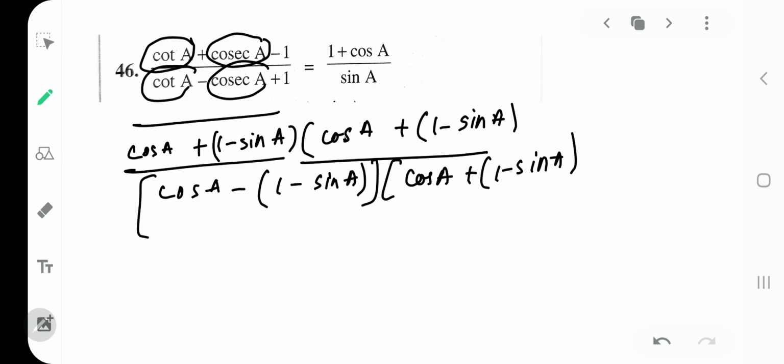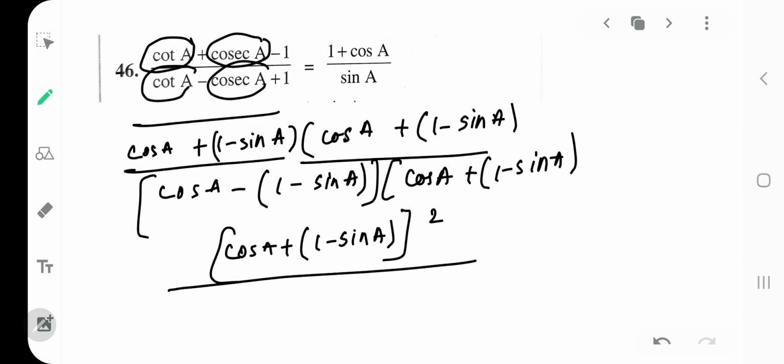Again you have cos a plus 1 minus sin a. So you can write cos a plus 1 minus sin a the whole square. And down you have one minus, one plus. So you can write cos square a minus 1 minus sin a the whole square, like this.